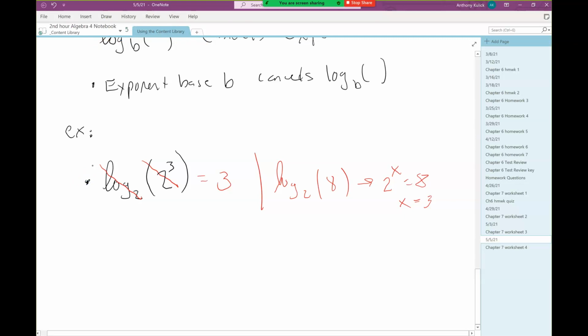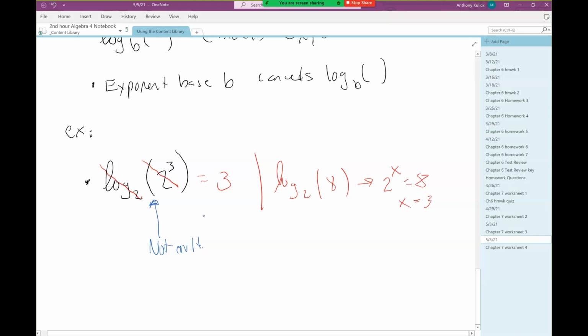I want to take a minute and talk a little bit about how to interpret the notation that you're seeing here. Remember that these parentheses here are not indicating multiplication. This isn't log base 2 times 2 to the third, right?